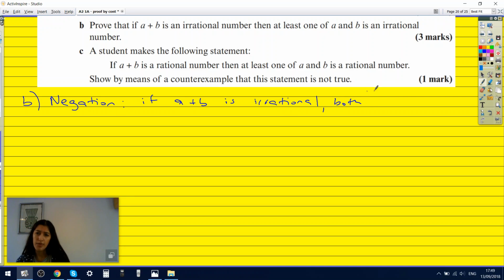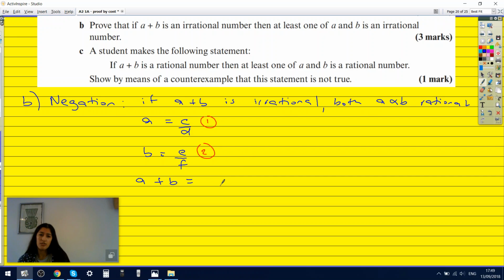So if both, A equals C over D, and B equals E over F. So assume they're rational. What is A plus B?